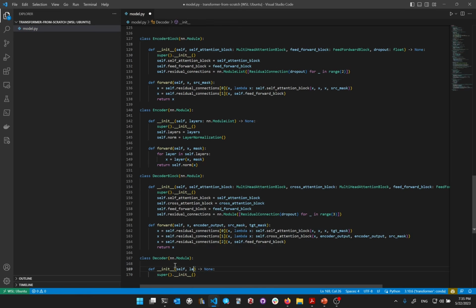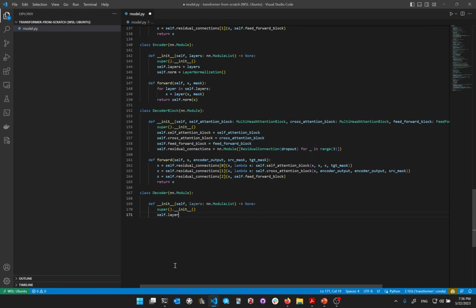Also in this case we will provide many layers, so layers is just a module list, and we will also have a normalization at the end. Just like we did before, we apply the input to one layer, and then we use the output of the previous layer and give it as an input of the next layer.